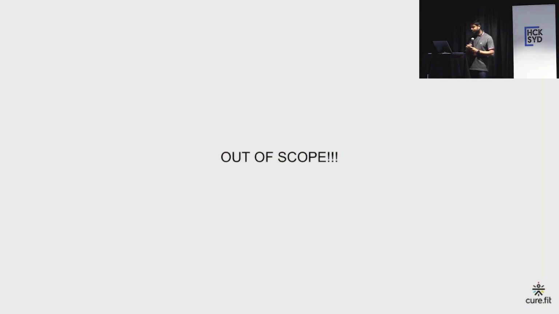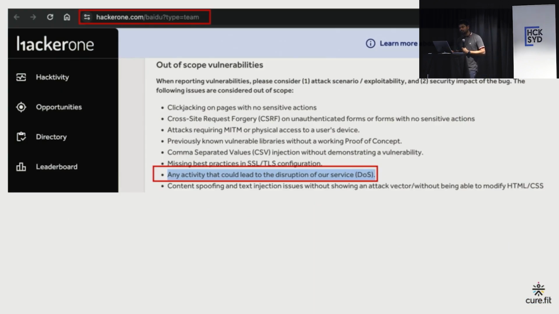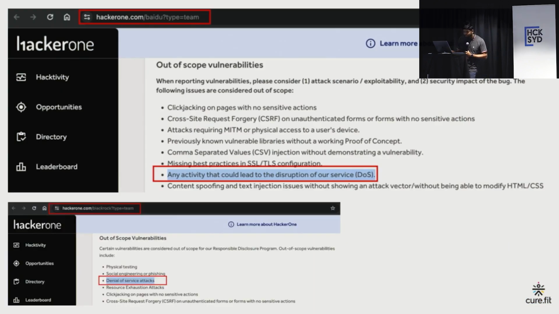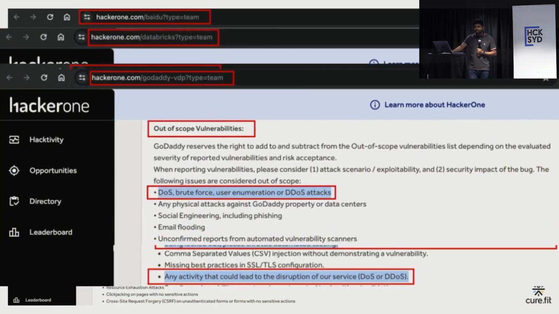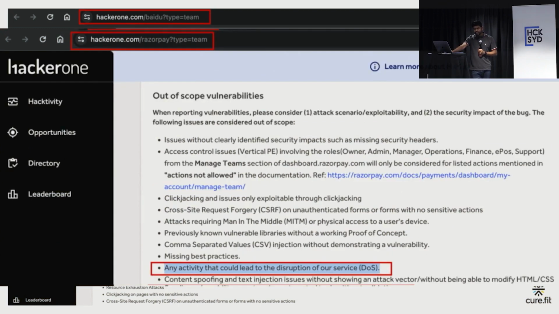Most of the time, on the HackerOne or Bugcrowd platforms, it is always out of scope. You can see on Baidu, it is an out-of-scope vulnerability. On BlackRock or Booking.com, everywhere it is out of scope. So I'm trying to bring attention to it and bring it into scope so hunters can get a wider attack surface.